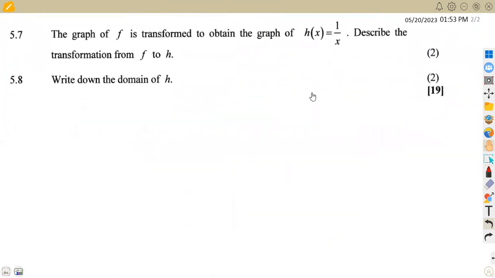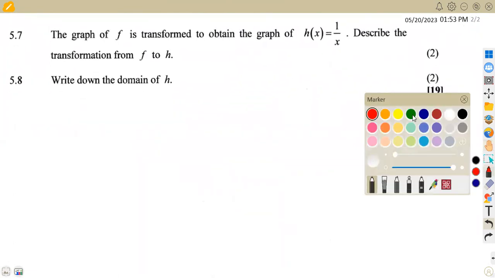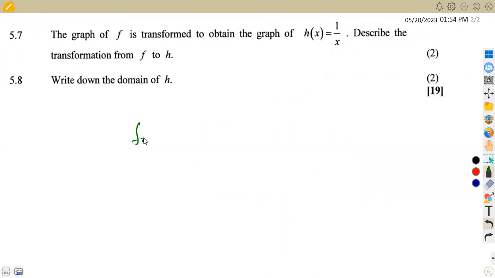Let me write our original f(x) here. Remember that originally our f(x) was given as 1 over x minus 3 minus 2. Now they are saying we transformed this graph of f to h, where h is now given as h(x), which is 1 over x.